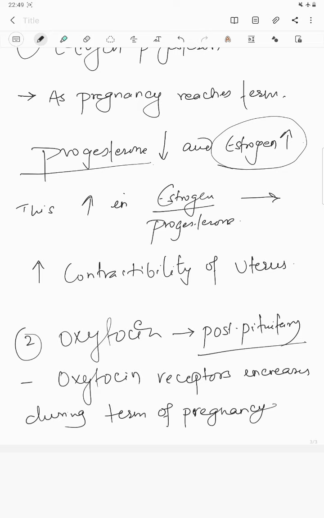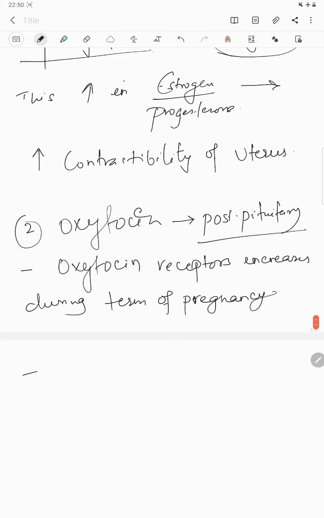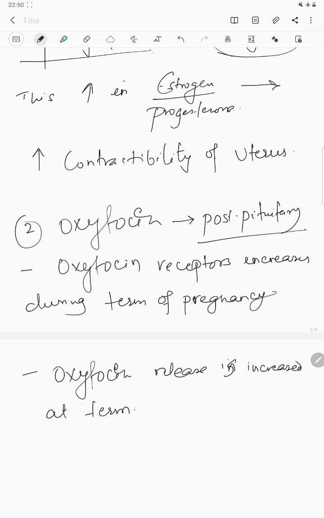That is one way. Second is oxytocin release is increased at term. Why?